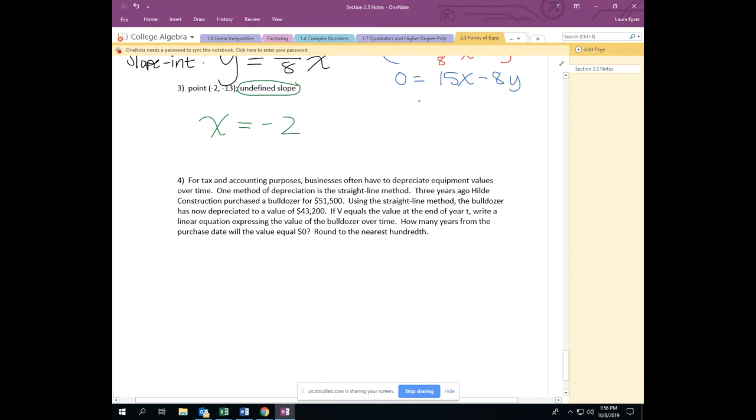That's it, you're done. If it's zero slope, then you're talking about a horizontal line, so it's y equals whatever the y coordinate is. So minimal work involved in those. You're really just picking the right variable and the right coordinate.